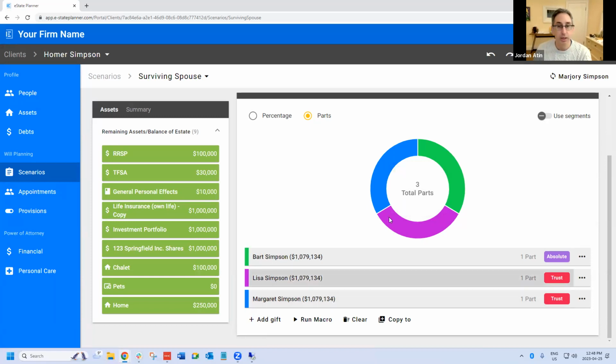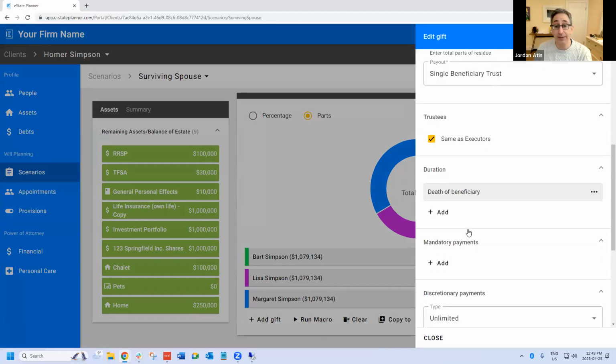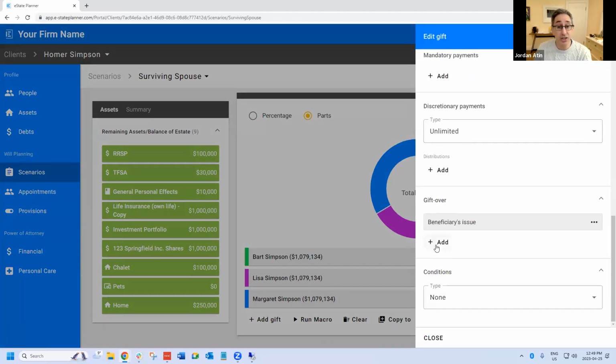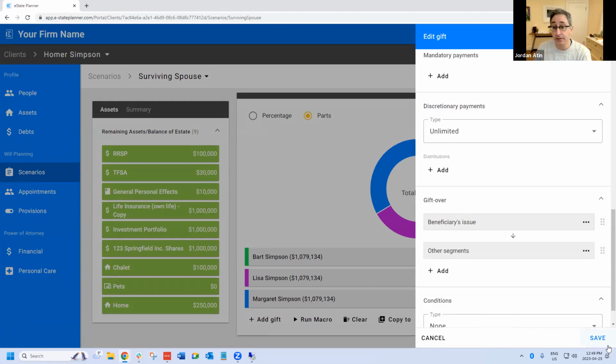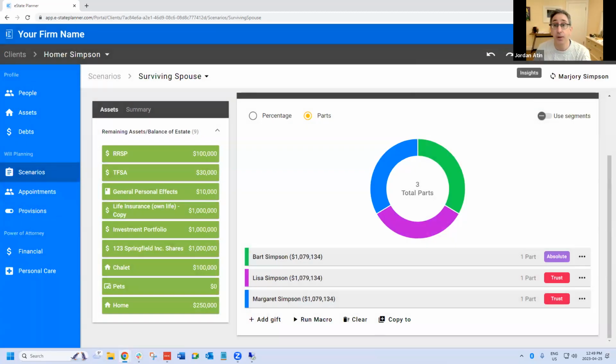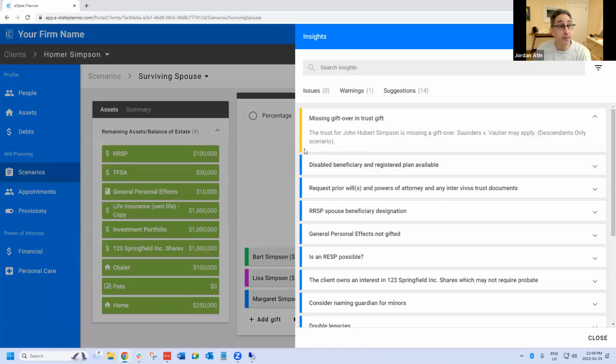It's making sure, for this trust, that if Maggie's not alive, or survives and then dies but doesn't have issue, it's warning you we better put in another gift over. Well, who would I want it to go to? Probably the other segments. That's Bart and Lisa. And so now I've fixed those two problems, and you can see that the insufficient gift over warnings are gone. Okay.